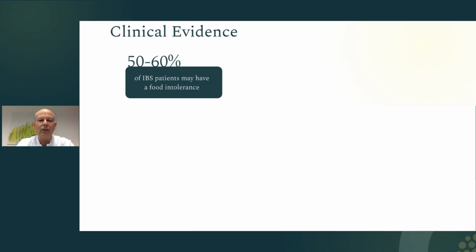But what is the evidence behind? In 155 patients with IBS, they received the challenge with 5 common food components followed by confocal laser endomicroscopy. And to my surprise, and I think to the surprise of the whole scientific community, we saw that 50 to 60% of the IBS patients reacted in the sense of a non-classical food allergy.